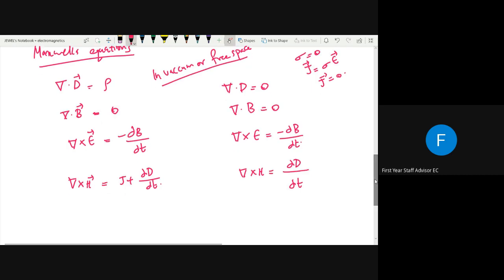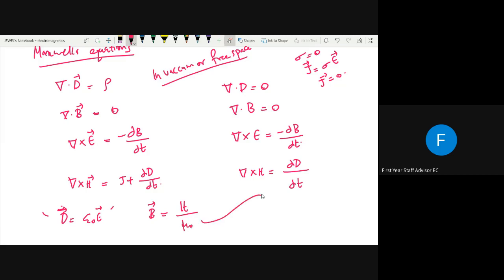Now again, what do we know about this D? Writing in our familiar terms, we know D is equal to epsilon 0 E. D is the electric displacement vector, and E is the electric field. We can relate D and E as D equal to epsilon 0 E, and we know the magnetic flux density vector B can be related to the magnetic field intensity as H by mu 0.